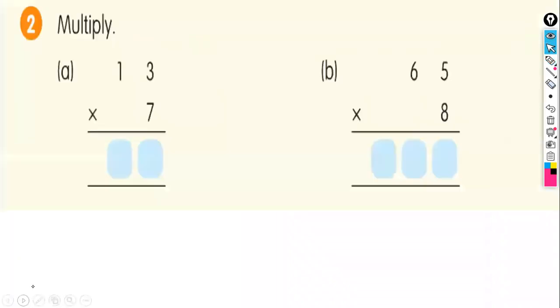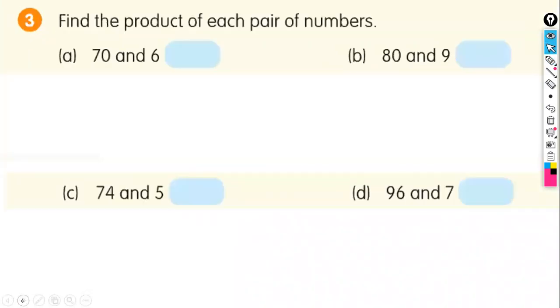I hope that you can do these questions by yourself now. Now it is the same thing: find the product of each pair of numbers. The top ones are very easy, just like the first method we have done. It is 70, so I can simply write it as 7 tens multiplied by 6.